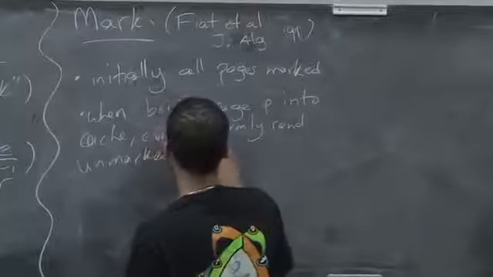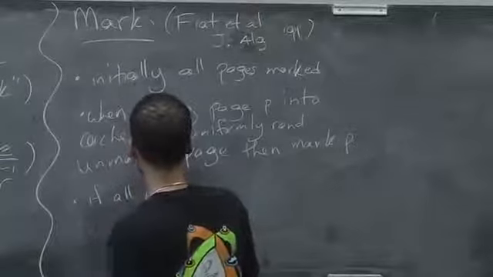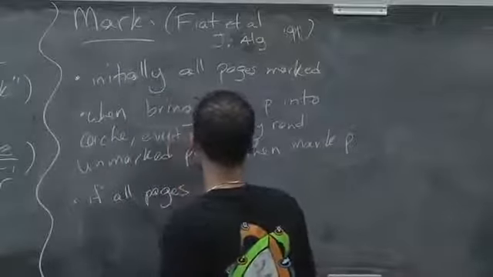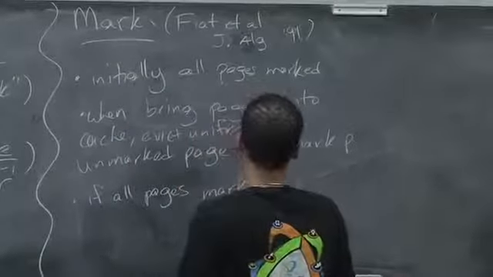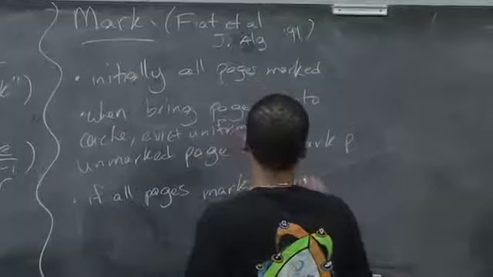Then mark P. Now, it may happen that eventually all the pages are marked. If all of the pages are marked, so there's no unmarked page to evict, unmark all of them.